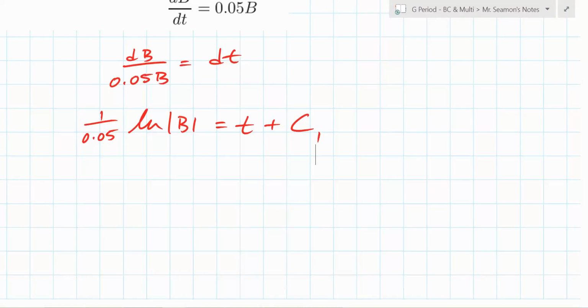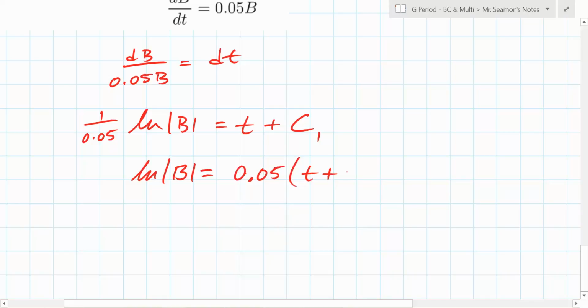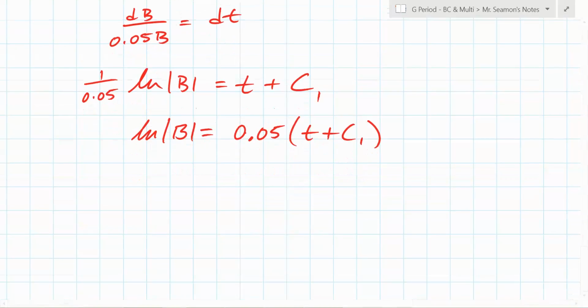Okay, so if I wanted to now solve for b, what do I have to do first? Multiply both sides by 0.05. Why do I have to do that first? Why can't I just do e to the power?